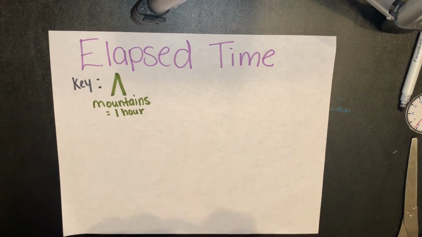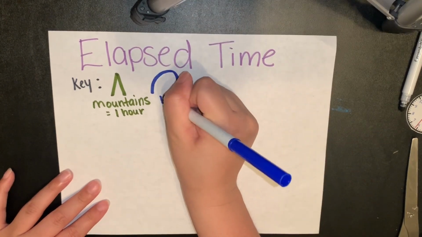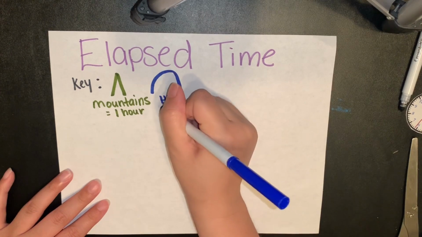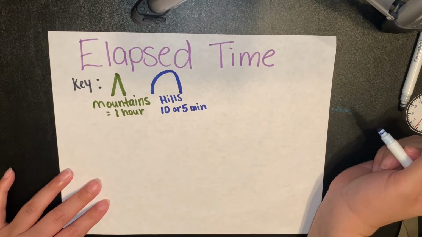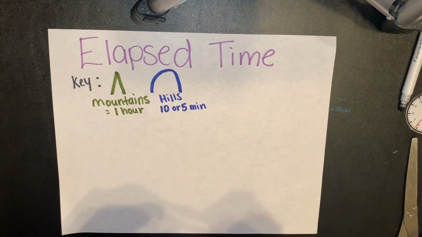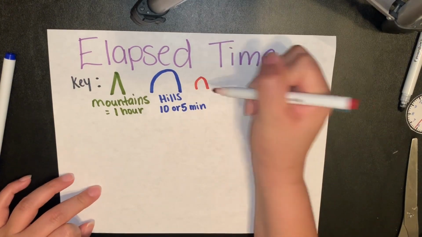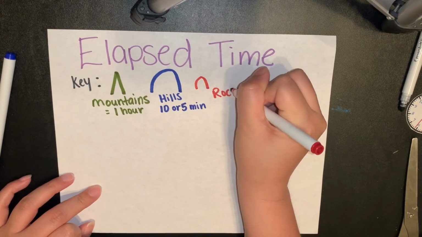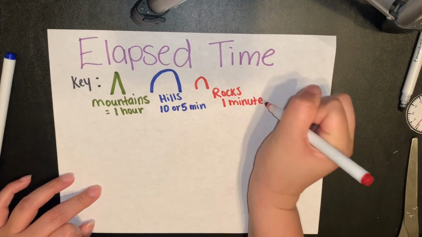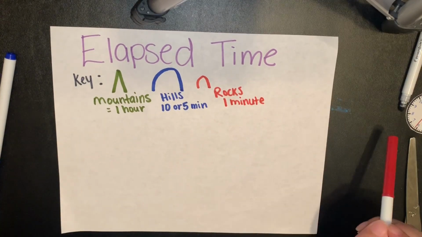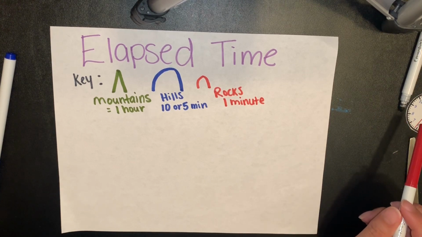Then we're going to have hills. These hills can represent 10 or 5 minutes, depending on what you decide to label them. We'll go into that more in our example. Then we have rocks. Rocks are going to represent 1 minute. Now this key is what's going to help us understand how much time has passed from the beginning of an event to the end.